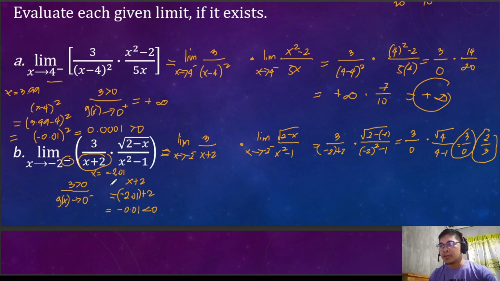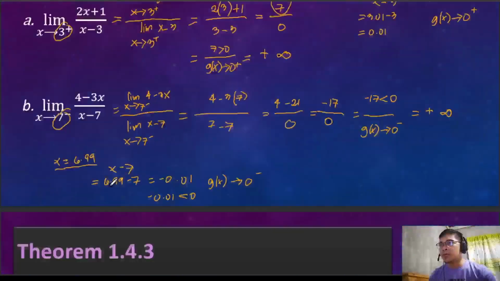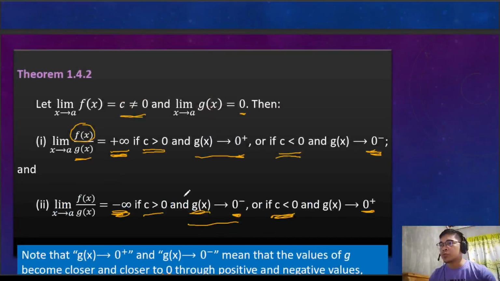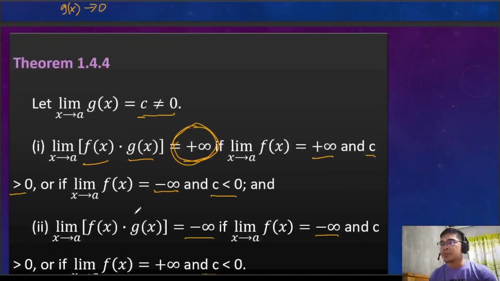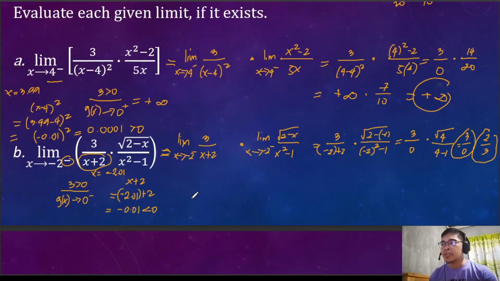So let us go back to Theorem 1.4.2. Our c is greater than 0, and our g of x here approaches 0 from the left, so that is negative. Therefore, we got negative infinity.